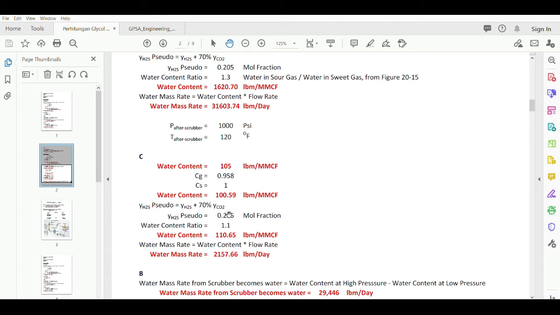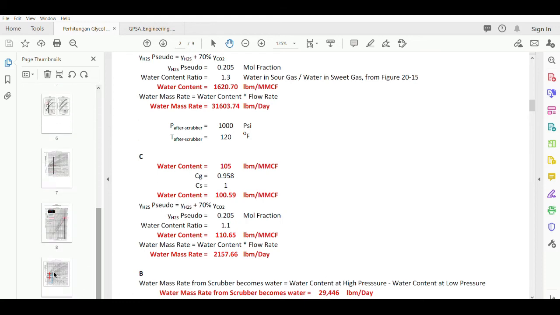So we go to figure 20.5 with 0.205 of pseudo H2S mole fraction. Okay, and then we see what happened here.